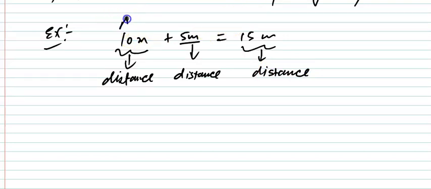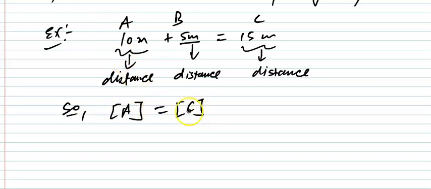Let us consider this is A, this is B, and this is C. So the dimension of A is actually length because it is the distance. So the dimension of A is equal to the dimension of C because the result is also distance. Also, individually, B is also distance and the result is also distance.